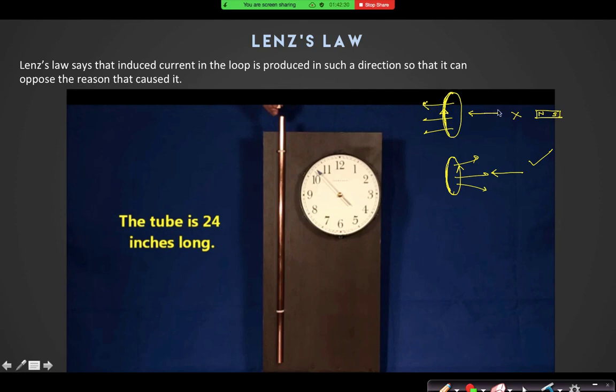Yes, sir. And you have another north pole which is coming closer. Look, will this south pole attract this north pole or repel it? Attract. This north pole will be attracted towards the loop.